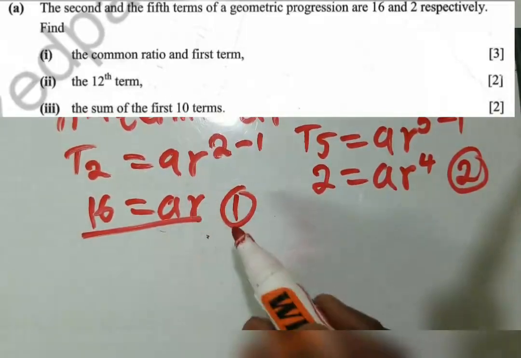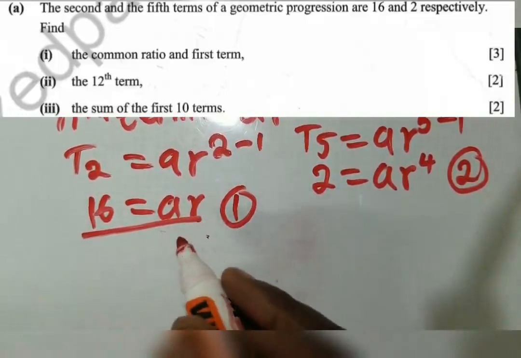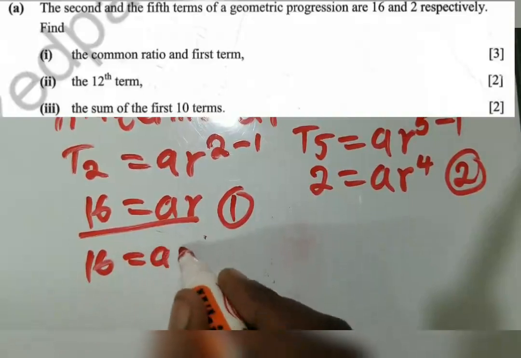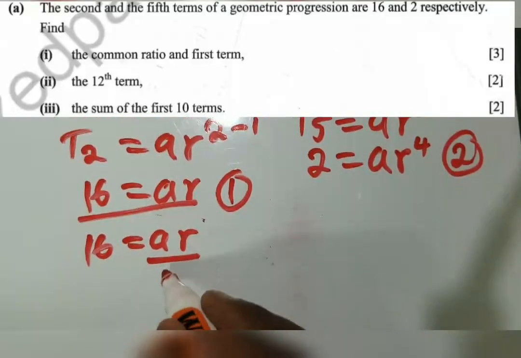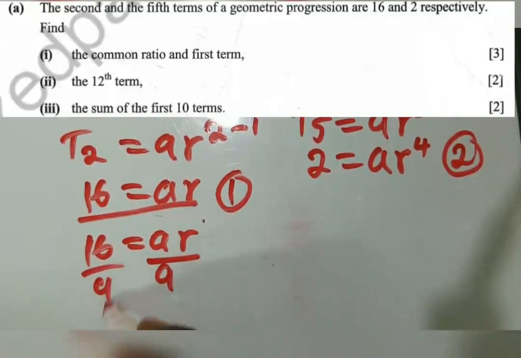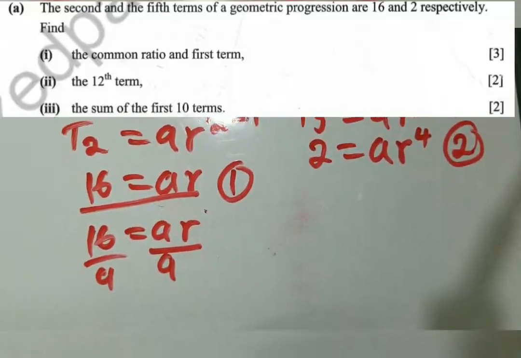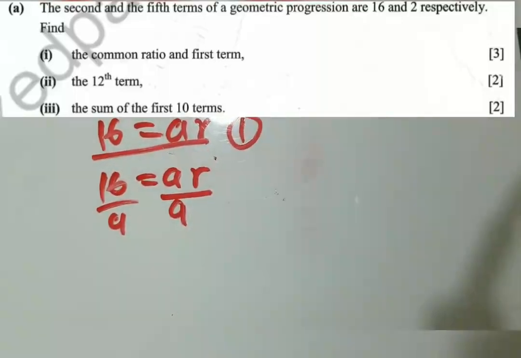We have this equation, 16 equals a r. We want the value of r, so we say r equals 16 over a. We can even say that.